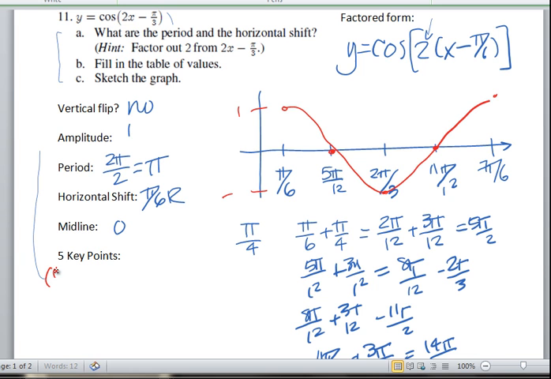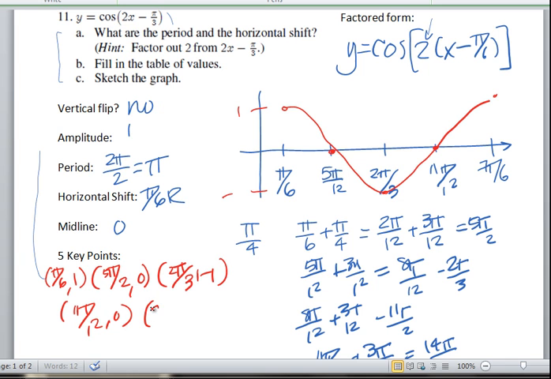I have pi over 6, comma 1, and then 5 pi over 12, comma 0, and then 2 pi over 3, comma -1, and then 11 pi over 12, comma 0, and last but not least 7 pi over 6, comma 1. And that is how you should do this problem.